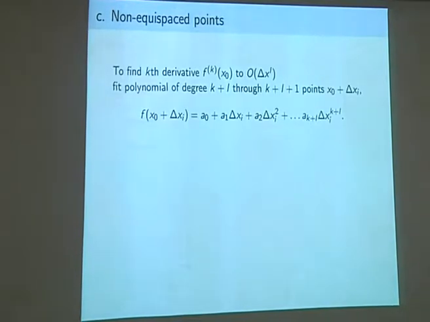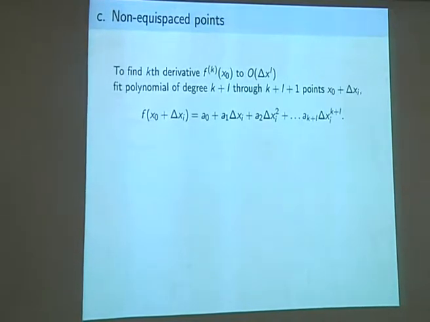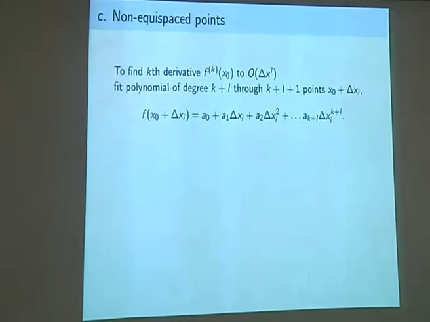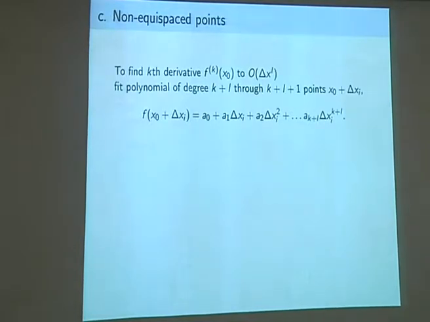Well, this is a general expression: if you wanted the kth derivative at accuracy delta x to the power L, then you fit a polynomial of degree k plus L through k plus L plus 1 points. The plus 1 is because of the constant term.